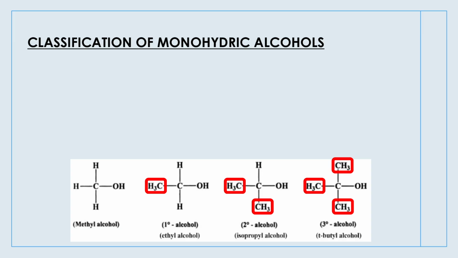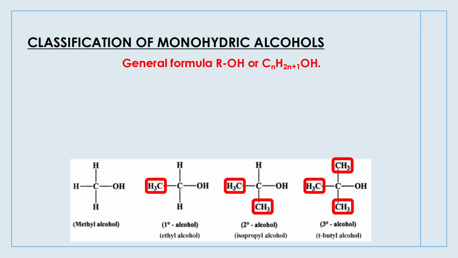Then that is called a 1-degree alcohol. If the hydroxyl-bonded carbon atom is attached to two alkyl groups, that is secondary, then it is called a 2-degree alcohol. And if the hydroxyl-bonded carbon atom is attached to three alkyl groups, which is tertiary, it is called a 3-degree alcohol.